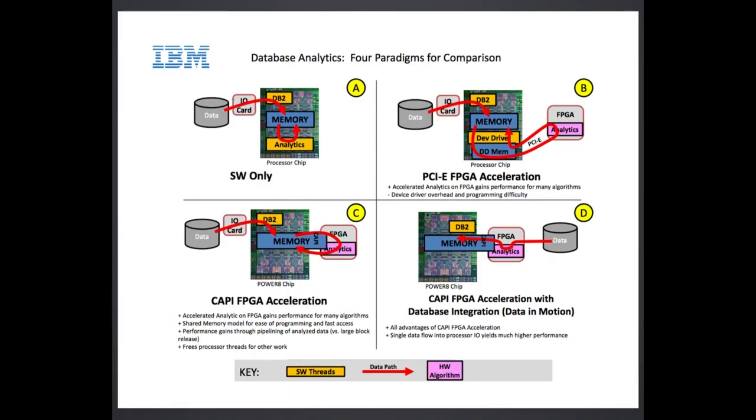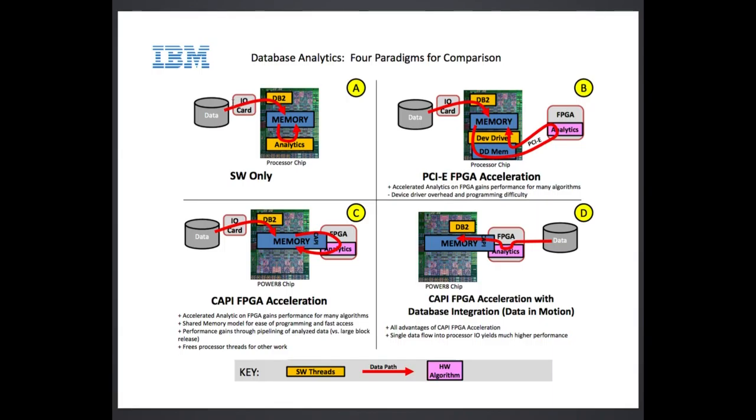So where is CAPI going? This is the old way of doing data analytics, where you have a whole lot of data, you pull it into memory, you do your analytics on it in memory. But if you want to bring in acceleration, at that point, without CAPI, of course, you have to bring in a device driver, and you add all kinds of latency and overhead, and there's no sharing of memory.